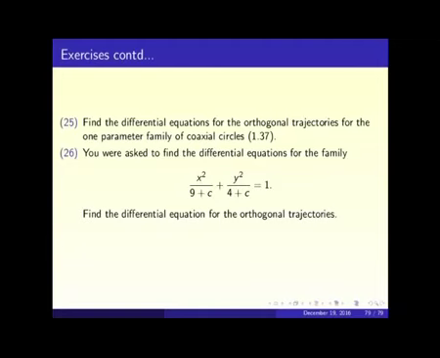Find the differential equation for the orthogonal trajectories for the one parameter family of coaxial circles 1.37. Remember that S1 plus lambda S2 equal to 0, where the circles had centers 2, 0 and minus 2, 0 and radius 1. And we got a family of coaxial circles. Find the differential equation for the orthogonal trajectories. I'm not asking you to solve the differential equation, just obtain the differential equation.